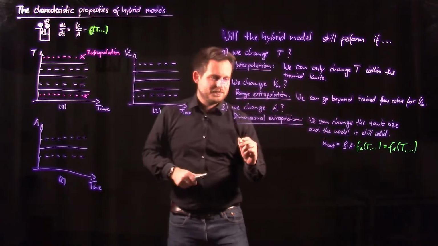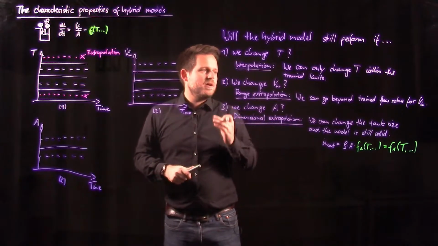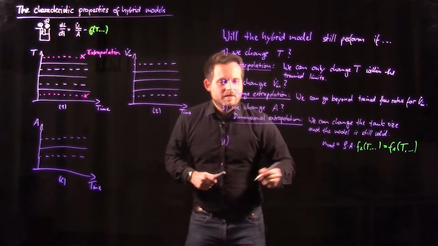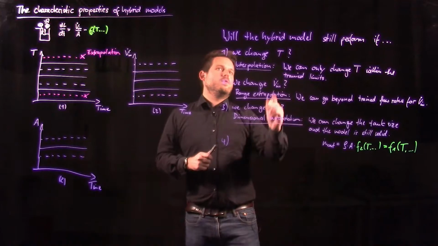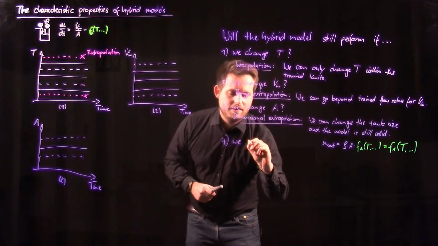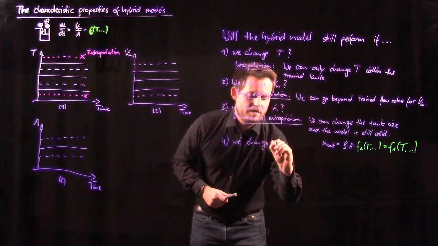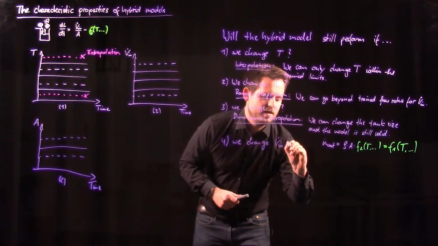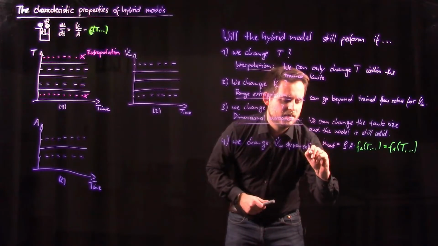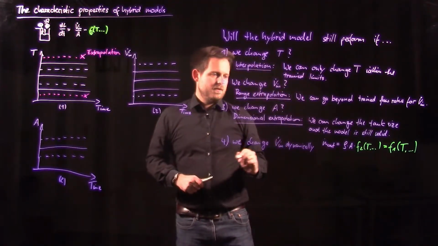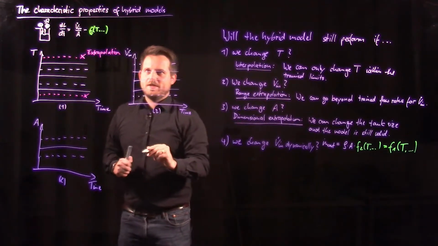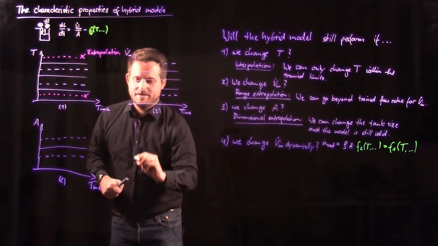And in the end, you might also ask the question, will the model still perform if we change v.in dynamically? So if you change it over time, then you will see something like this.